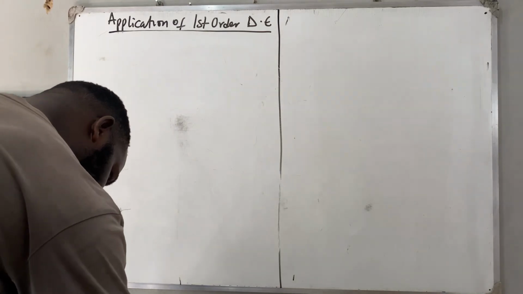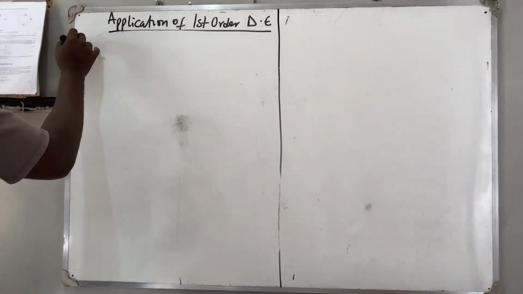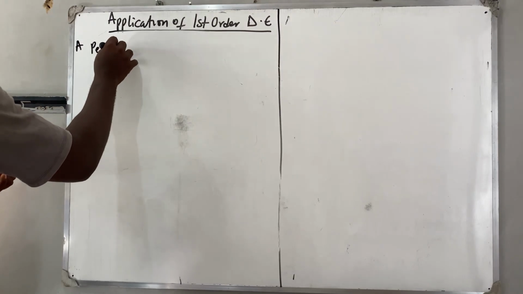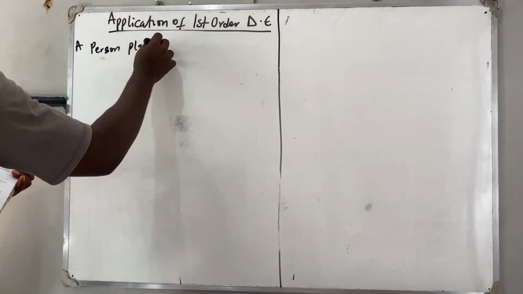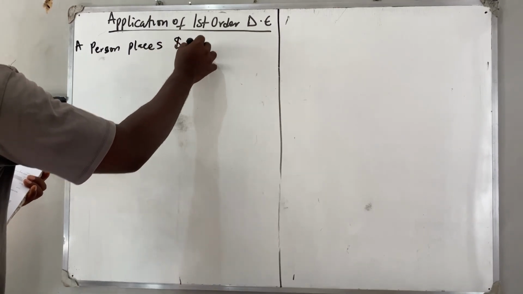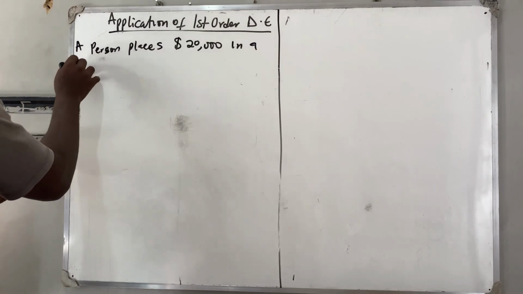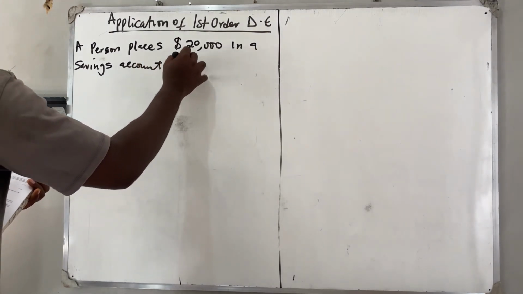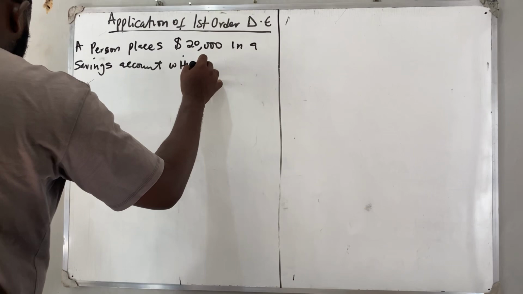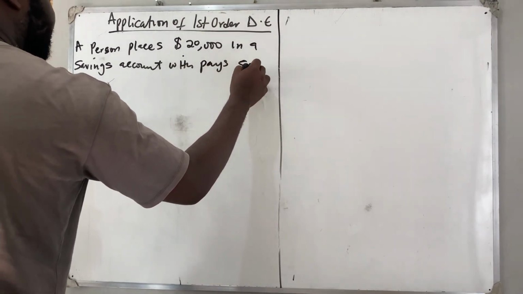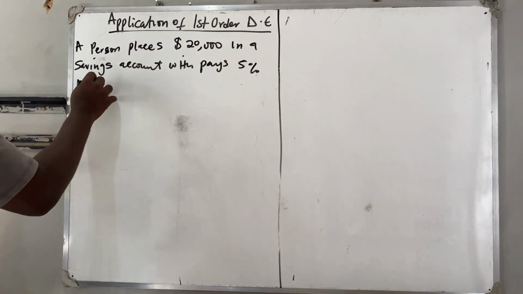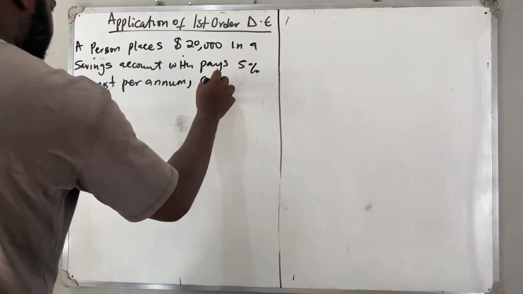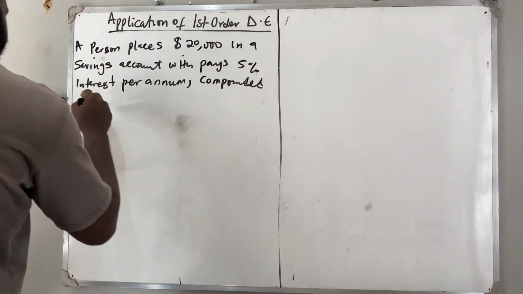The first problem we are going to be solving here says that a person places $20,000 in a savings account which pays 5% interest per annum, compounded continuously.